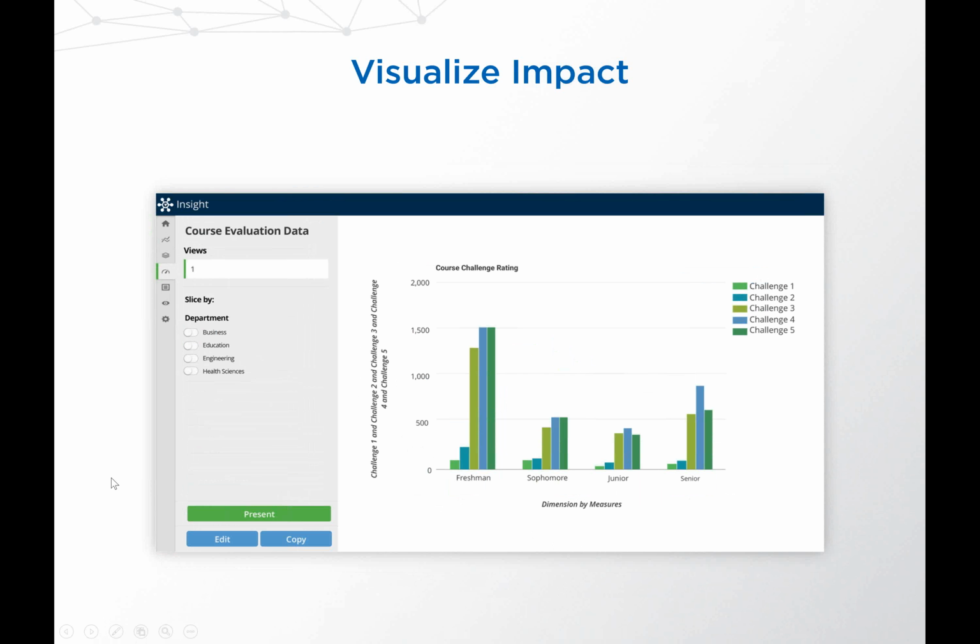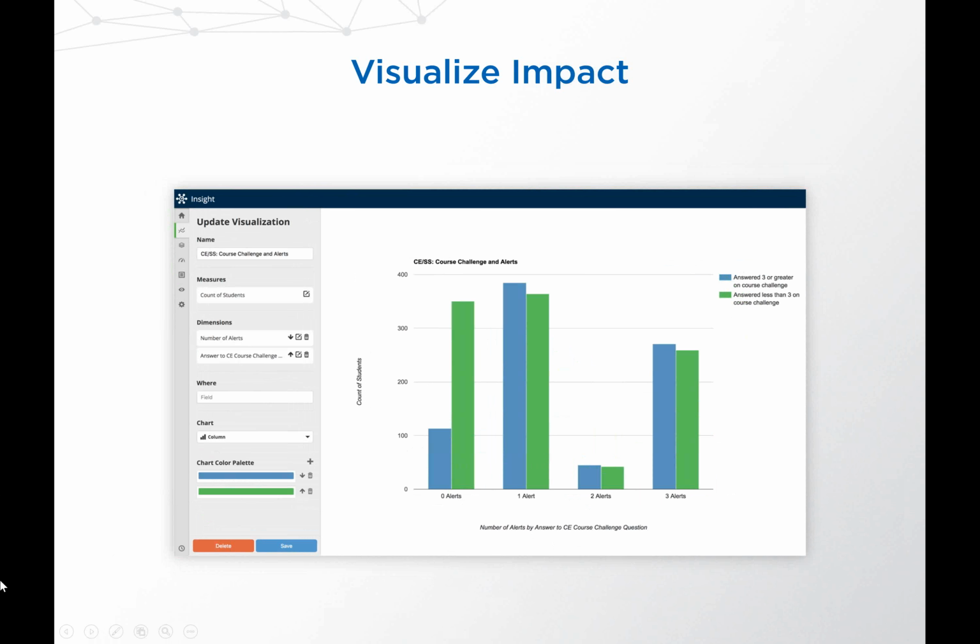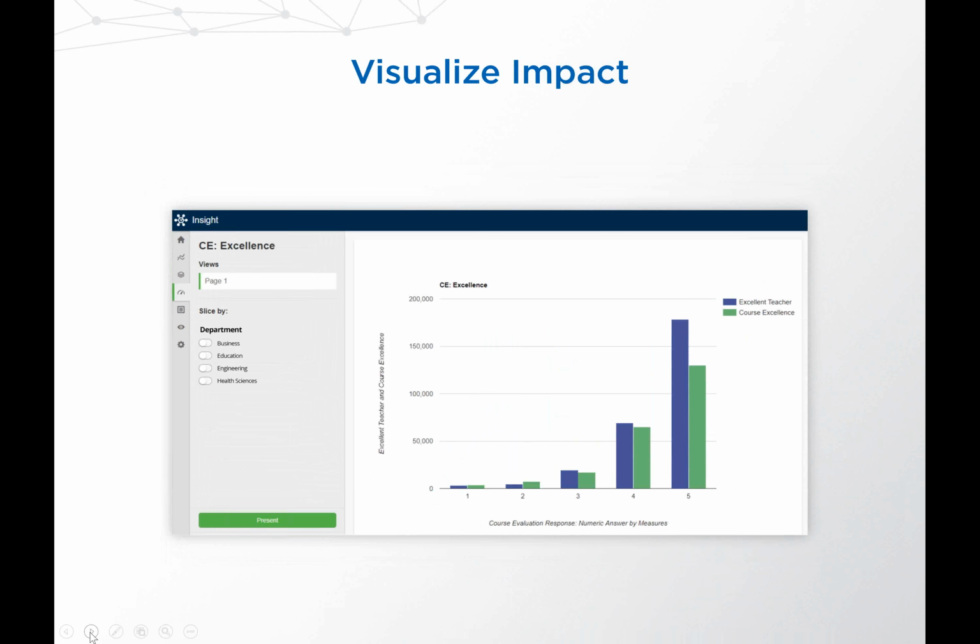So that way we have the ability to really parse into the data in ways that on average we don't today. We could look at things like course evaluation results by alerts raised if you were using our early alert system. We can look at excellent teacher and course excellence based on different types of measures of some kind. We could look at learning outcome achievement if you were using us for outcomes compared to what we see in terms of course evaluations.